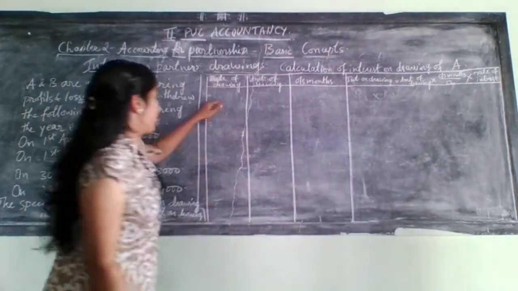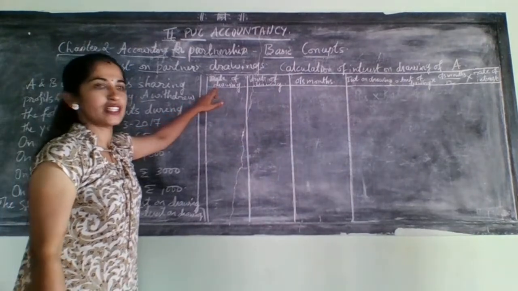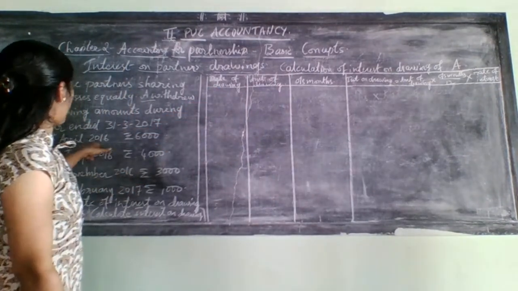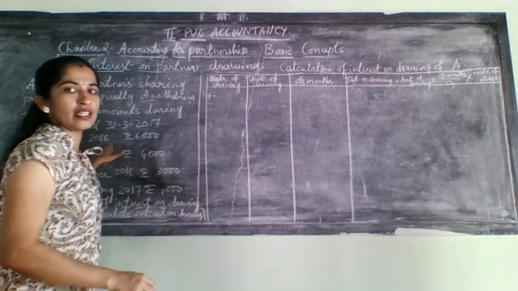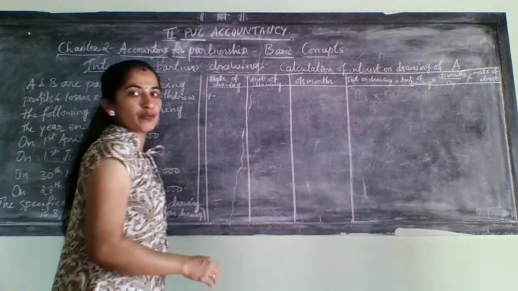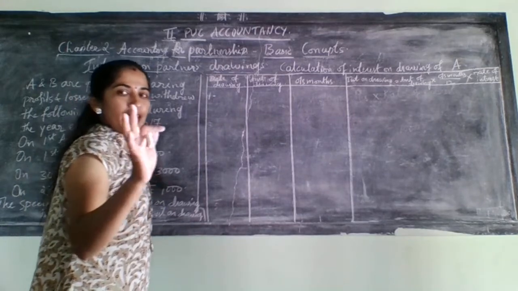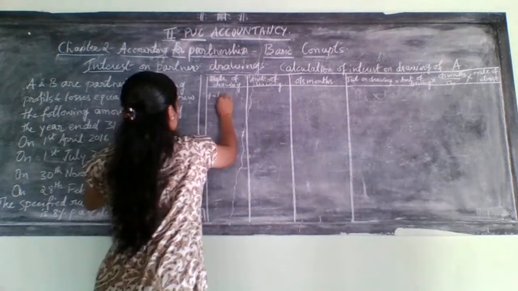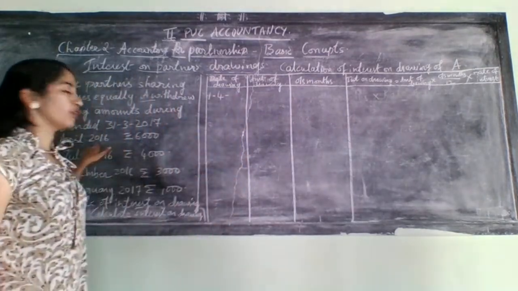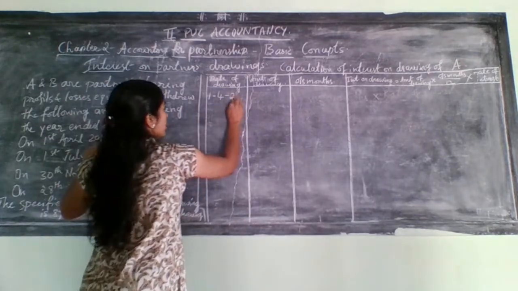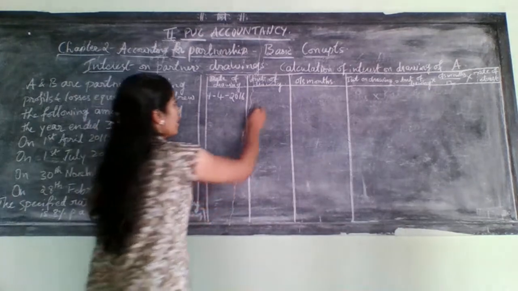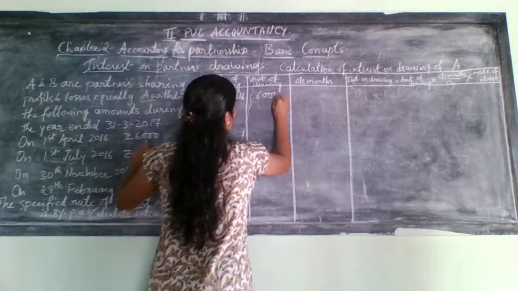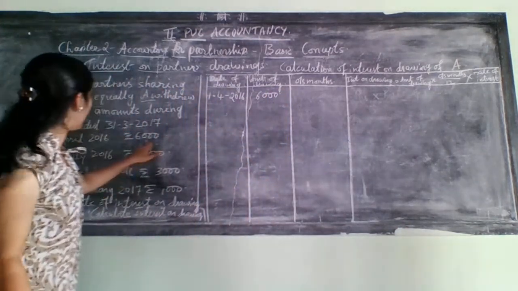Let us start now. Date of drawing. What is the first drawing date? First drawing date is on 1st April 2016. April means which month? January, February, March, April. April means 4th month. So year is 2016. Amount of drawing: 6,000.